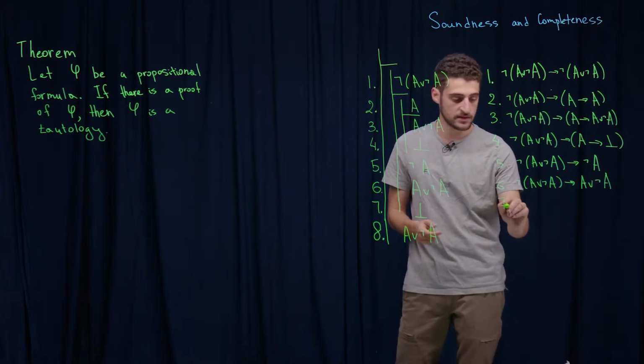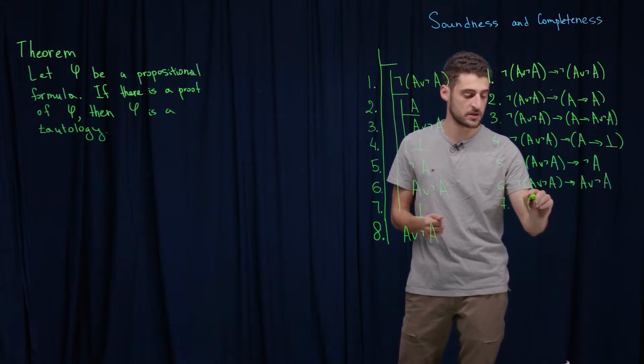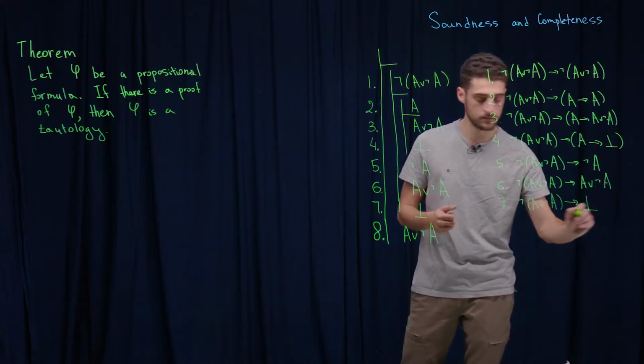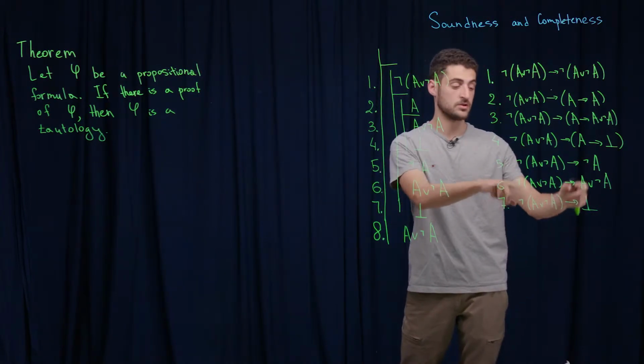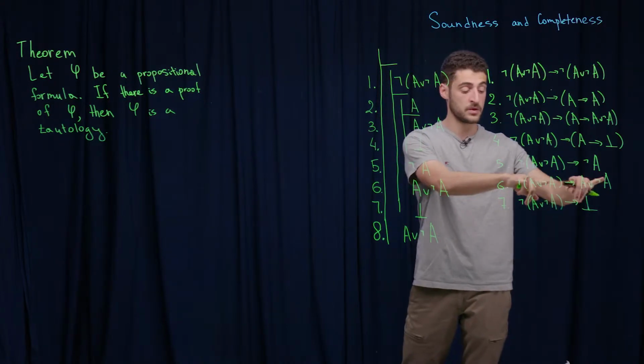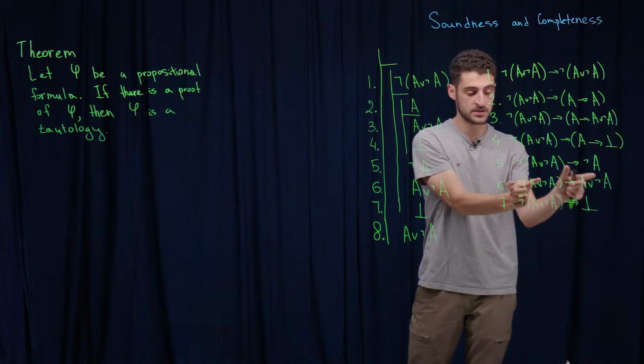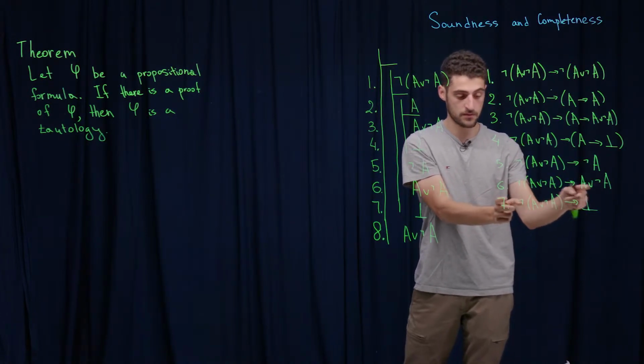Finally, the seventh step is that under the assumption that A or not A is false, we get a contradiction. And this is a tautology because this is a tautology, and we have the assumption and the conclusion, and they're opposites, so we get a contradiction together.